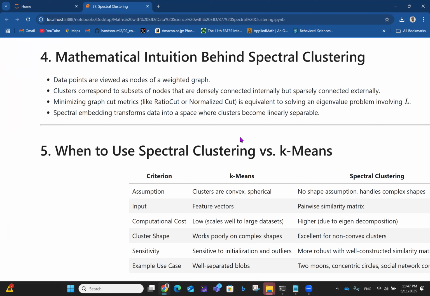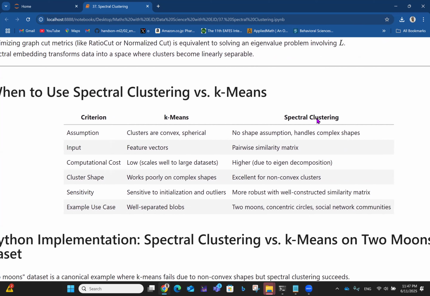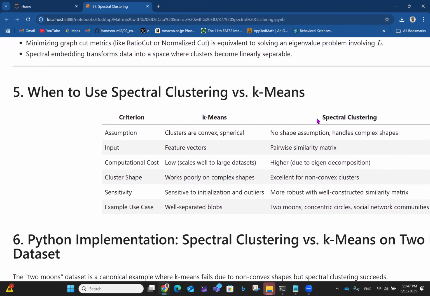Then minimizing graph cut metrics like ratio cut or normalized cut is equivalent to solving an eigenvalue problem involving L. Spectral embedding transforms data into a space where clusters become linearly separable. These are basically graph network theory things all the way. So if you want more light on graph theory, I have a whole playlist on graph theory that you can check out on the channel.